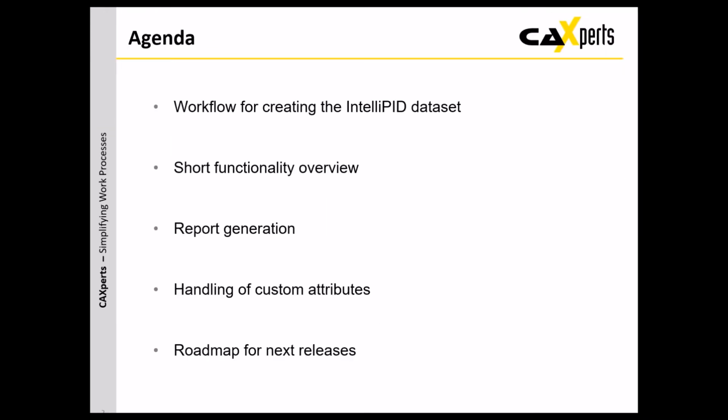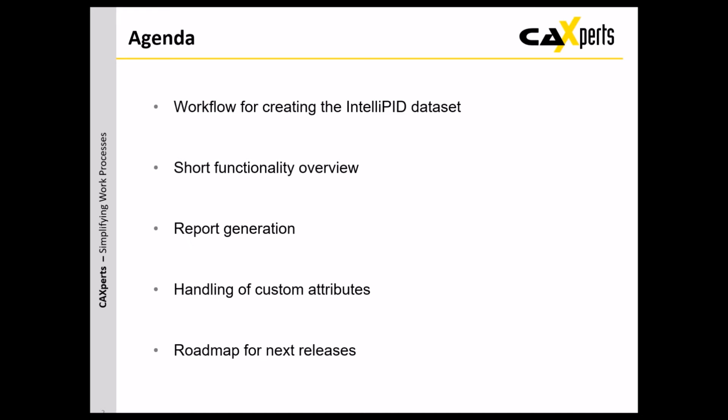First, we will start with the agenda, what we are going to see today. I will start with some slides. One of them is with the workflow, how the intellipid dataset is created, so that you know what you need to create such a package. Then I will give an overview about the existing functionality.